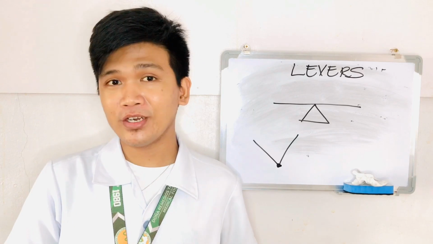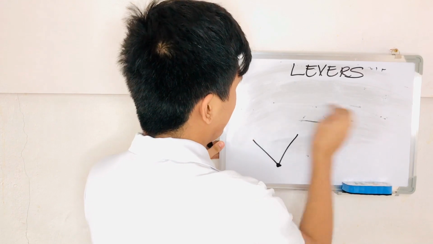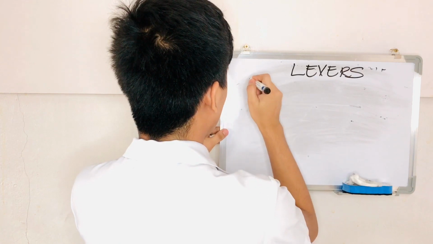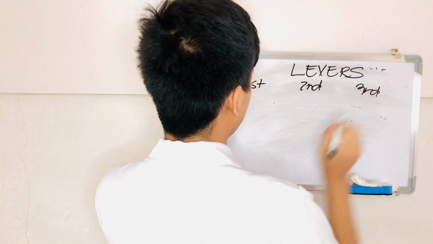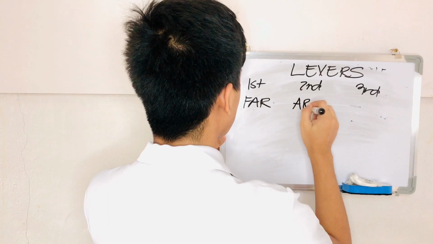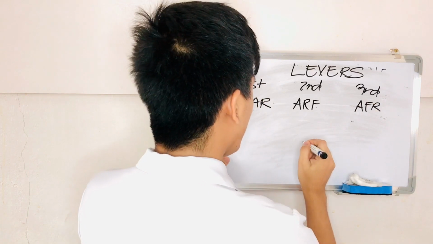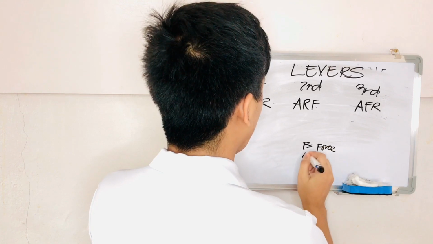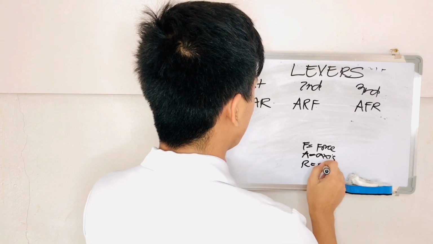Confusing, right? Of course, our mnemonics should not be forgotten. So we have 3 types of lever. So remember this, we have first type, second type, and third type of lever. So we have FAR, ARF, AFR, where F stands for force arm, A for axis, and R for resistance.